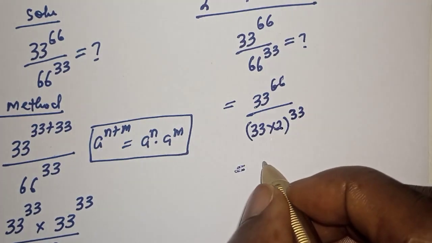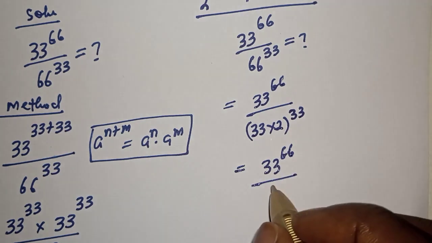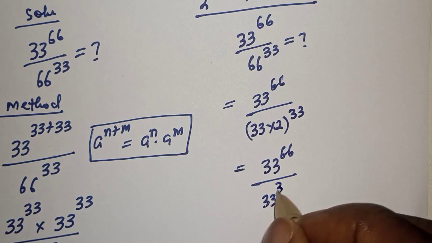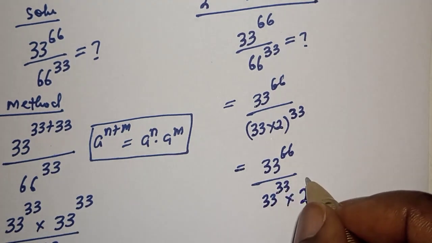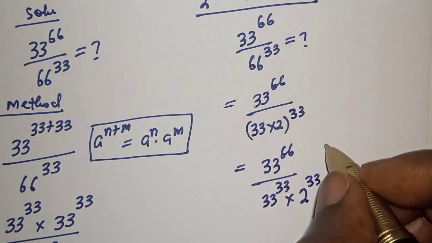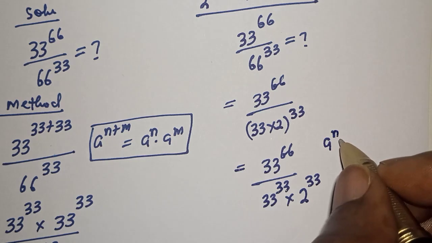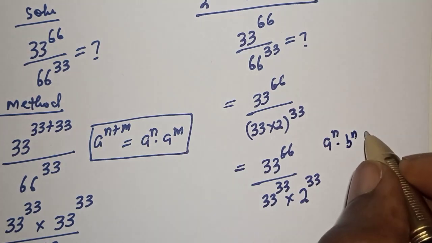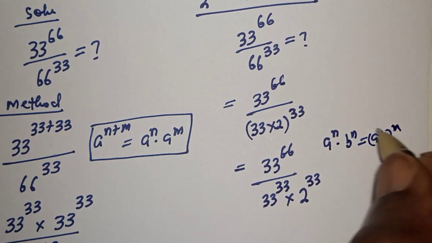That is equal to 33 raised to power 66 divided by 33 raised to power 33 multiplied by 2 raised to power 33. That is, if you have a raised to power n multiplied by b raised to power n, this is equal to ab raised to power n.